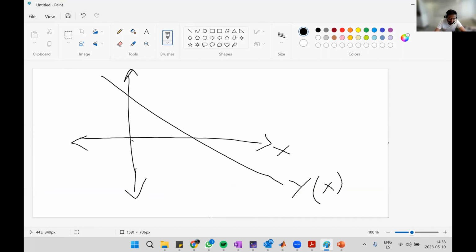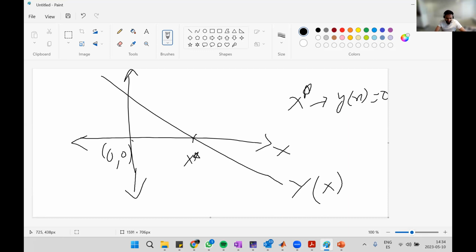I want to compute the value of x star where y of x is equal to 0. This is what I want to compute. I want to compute x star, where this line crosses zero.